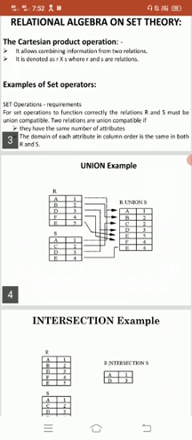Once again, in relational algebra we have two types of operators: unary relation operations and binary relation operations. Unary relation operations work only on a single table, and they include select and project operations.